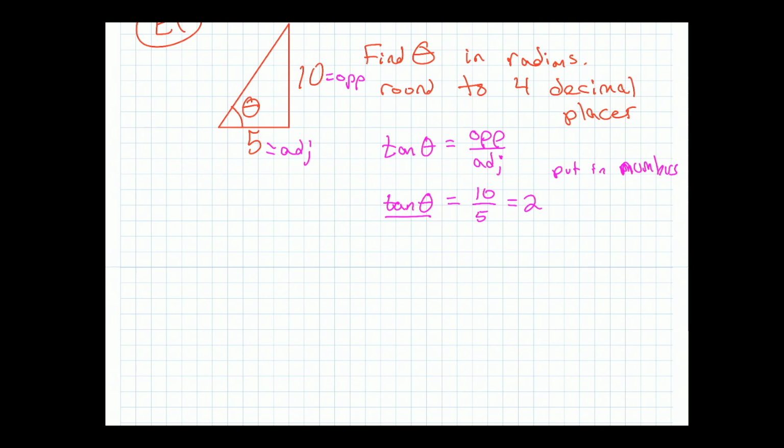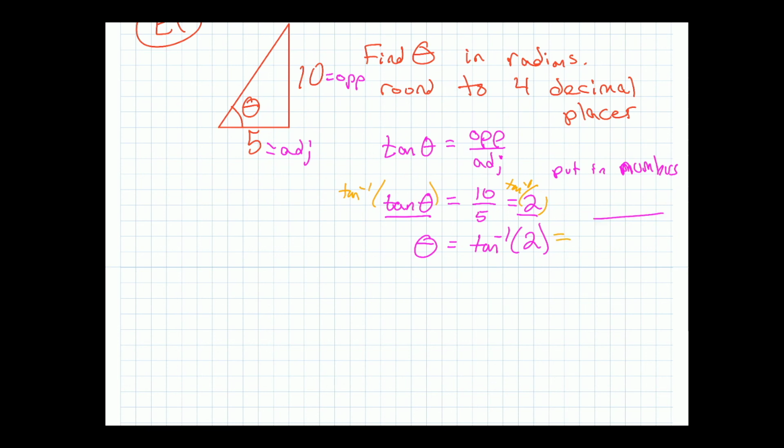So if tangent theta is 2, that tells you that theta is tangent inverse of 2. The idea is you do tan inverse on both sides, but people don't write that because they know how it's going to work.